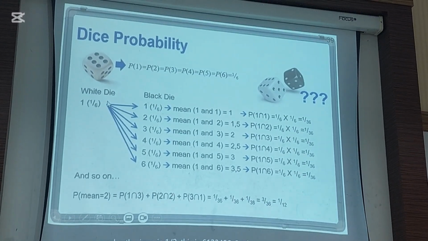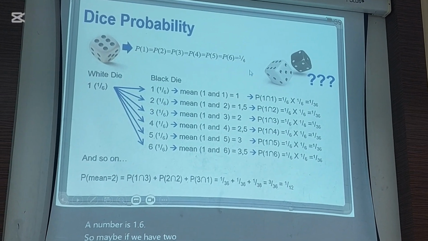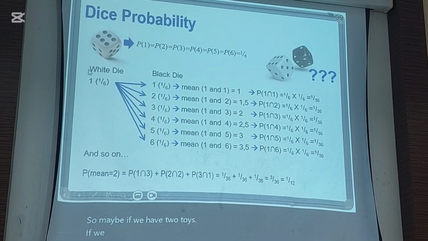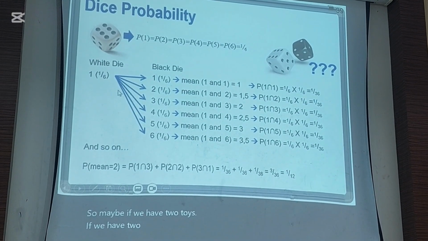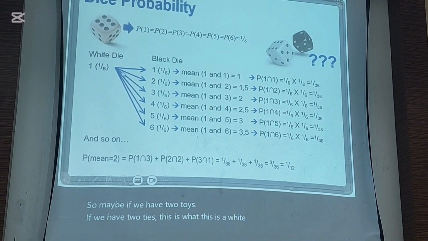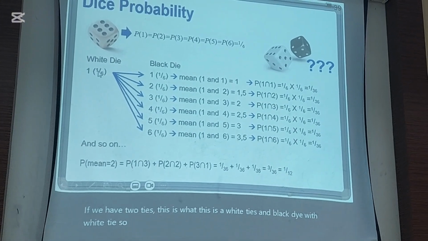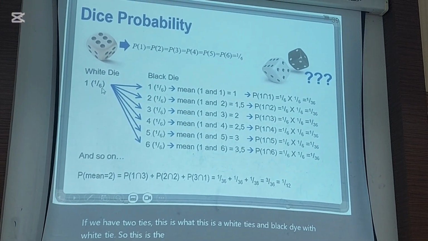So maybe if we have 2 dice, a white die and a red die, the probability for the white die is 1 per 6.